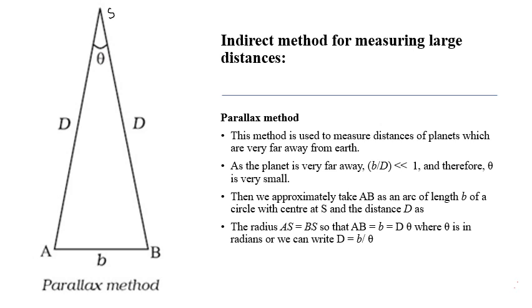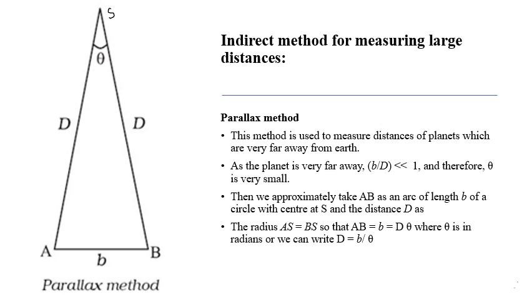This b is nothing but the basis, the distance between the 2 observatories. Now we have to measure the angle between the two directions along the planet. What is angle ASB? Theta. This is nothing but the parallax angle. We have to measure theta now.